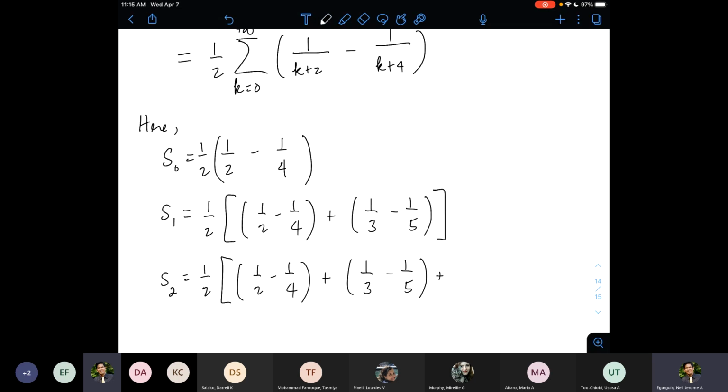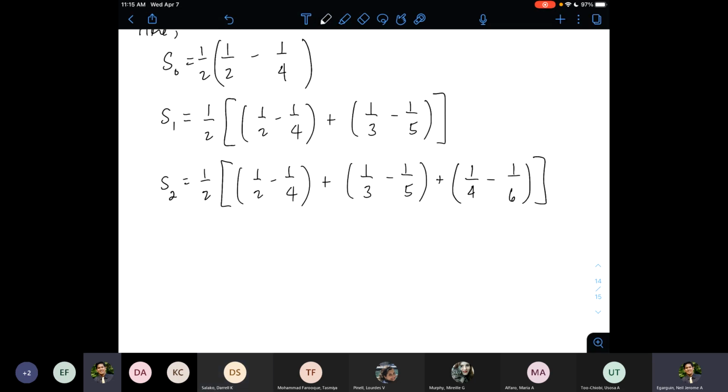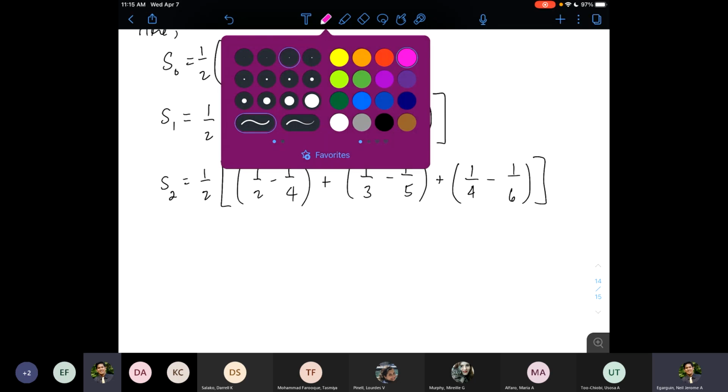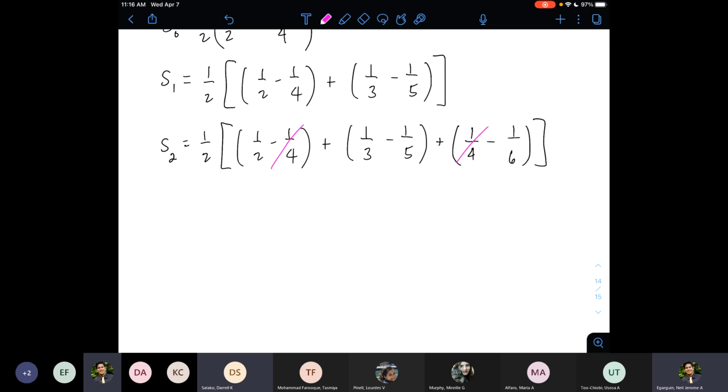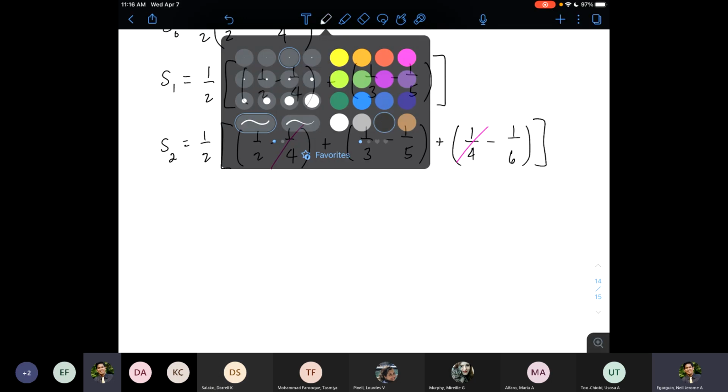If I plug in k equals 2, I'll get 1/4 minus 1/6. Right? That's the third partial sum. And we see here that, oh, I have a minus 1/4 here, and I have another plus 1/4 here. And I think that's it. That's all I get. Now the pattern is not yet obvious, so let's move on and try one more.